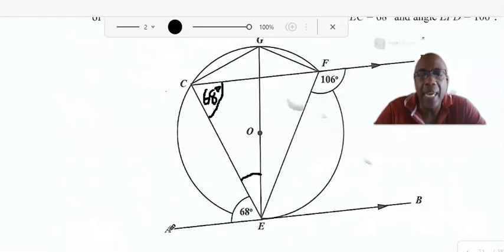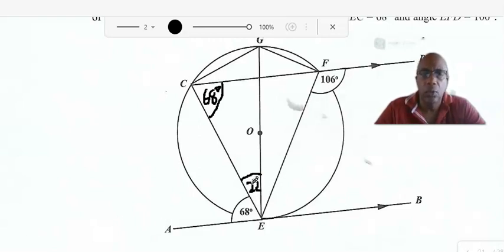So therefore angle AEO is 90 degrees, and since angle AEC is 68, then angle CEG is 90 minus 68, which is 22 degrees. So this angle here is 22 degrees.